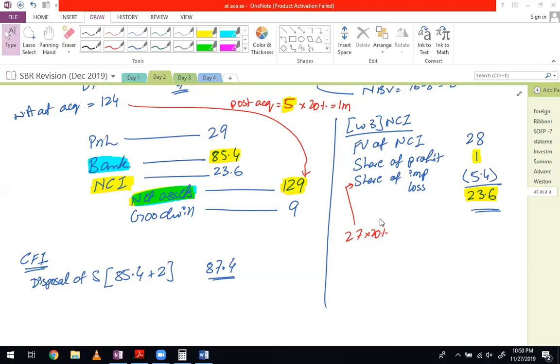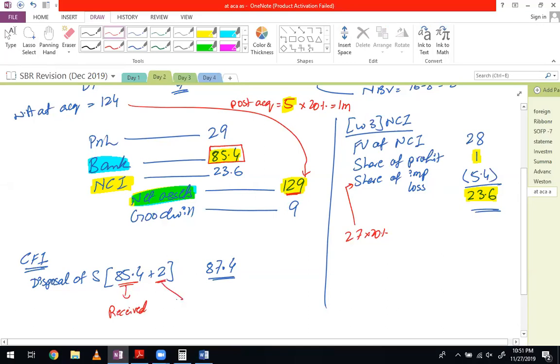Siri is saying bank OD is already there in the net assets. Can you explain again, please? Yes, Siri, the bank overdraft is already there in the net assets. Through that, we got to know that the amount that we have received is 85.4. But now 85.4 is what we received, and 2 is a negative balance that we transferred to someone else. So this means that is also a sort of an inflow.